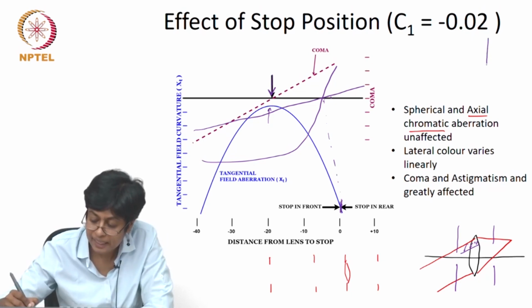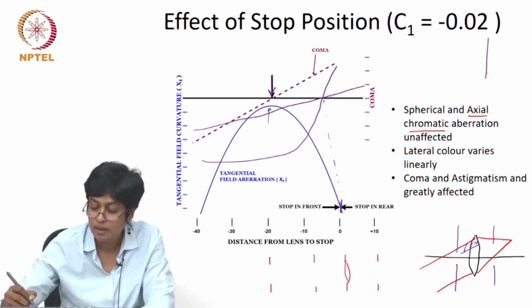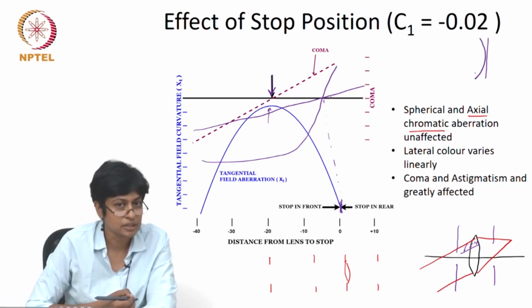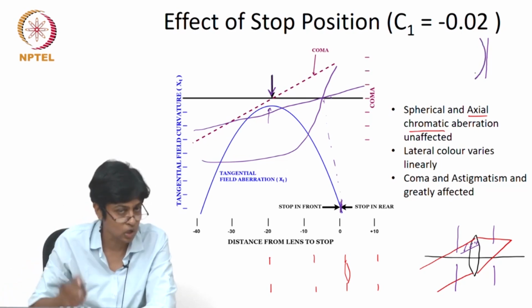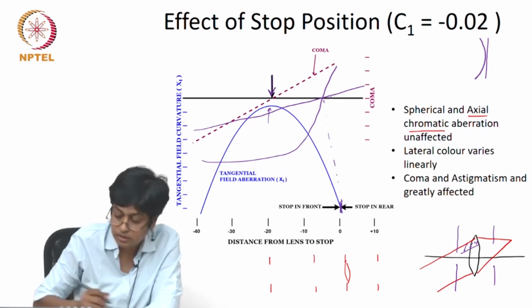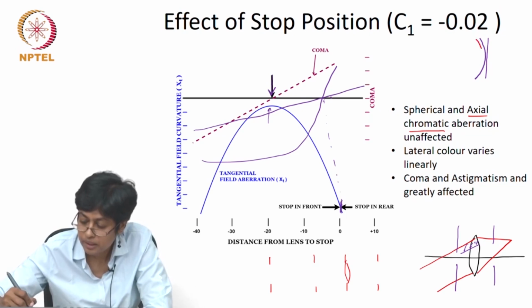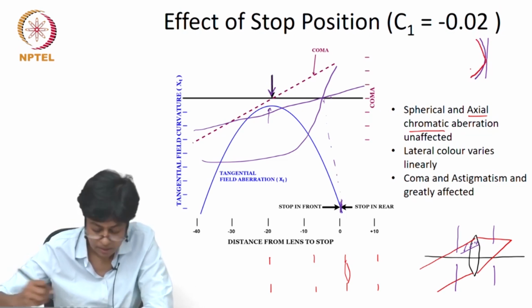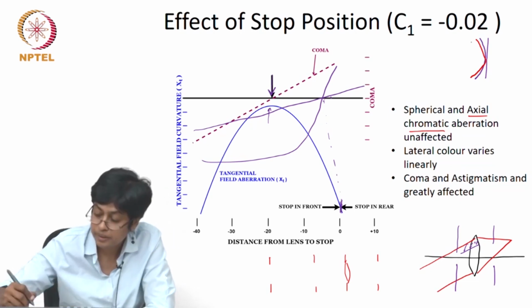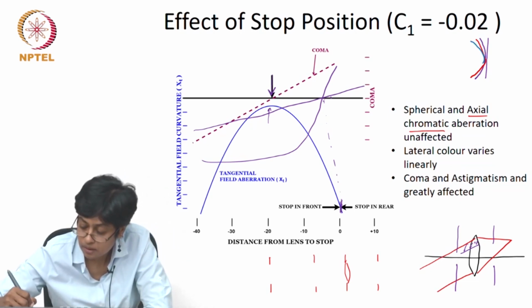This is my planar paraxial plane, but this is my actual paraxial image. It's on a curved surface, not a flat surface. And we said the sagittal will be like this and the tangential would be like this.